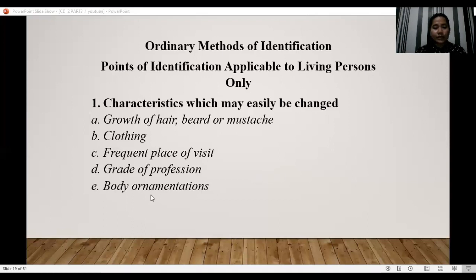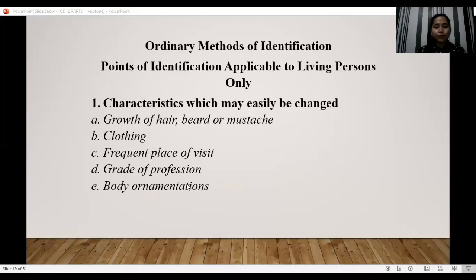So the last one is the body ornamentations. When we say body ornamentation, we are referring to, for example, earrings, necklace, rings, ano pa ba, pins, and etc. So usually worn by a person, may be points to identify a person from the rest.